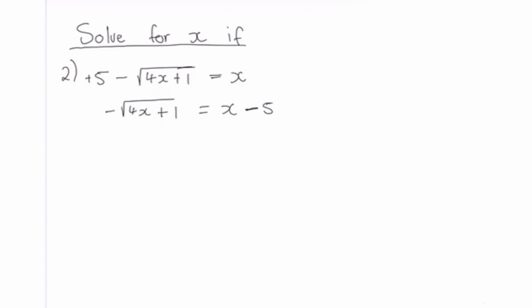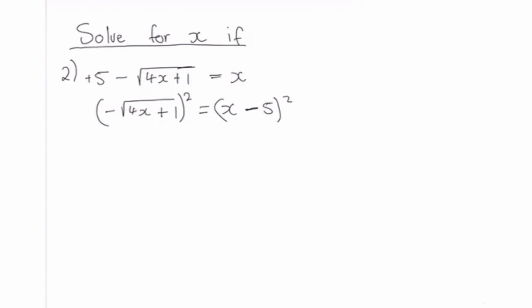Now when you're at this point, remember we square both sides, so that we have this radical sign removed. Let's remove it. Here we have -1. Okay, -1 squared is just +1.